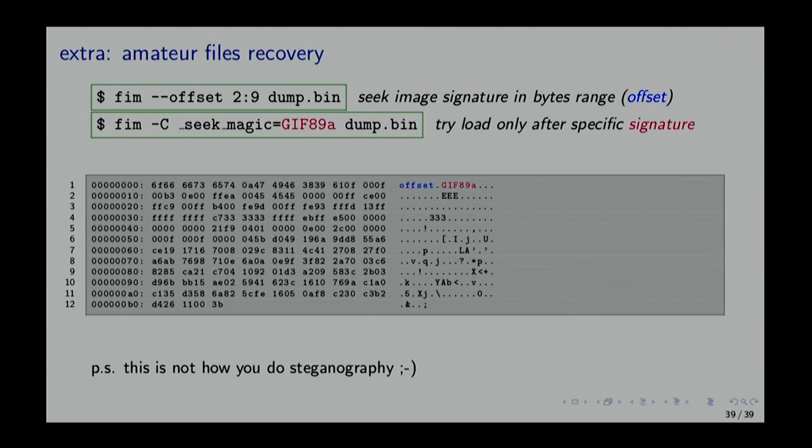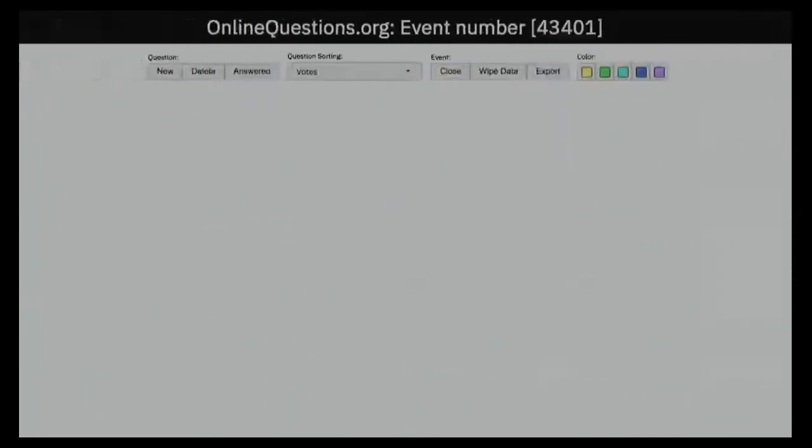There are encodings where you have a picture, but it cannot be immediately seen. But with functionality which jumps or seeks, looking for a file perhaps with a signature, you can locate it. Okay, the last question.